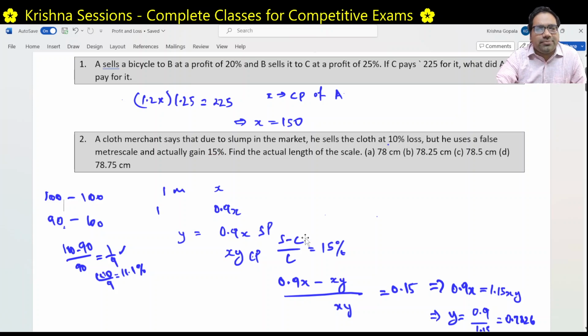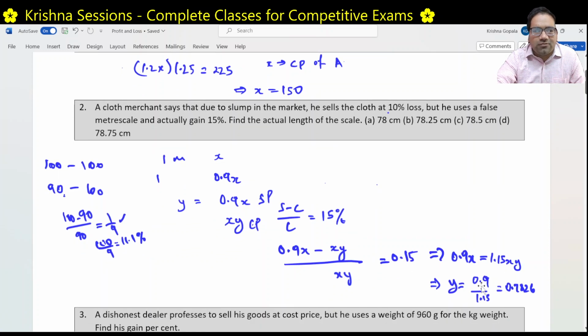Right. So that means selling price minus cost price by cost price is equal to 15%. Selling price is 0.9x minus cost price xy, by xy, is equal to 0.15. If you simplify this, 0.9x equals 0.15xy plus xy, which is equal to 1.15xy. X and x will cancel out. Y is equal to 0.9 by 1.15, 0.7826 meters.